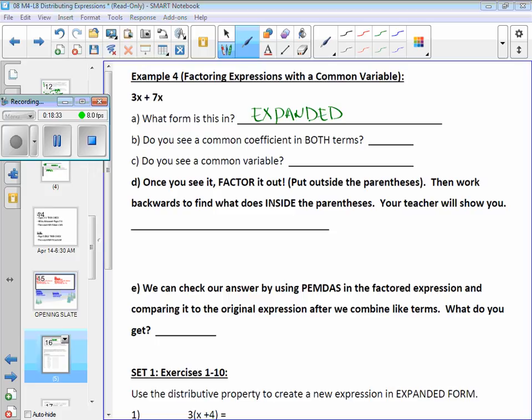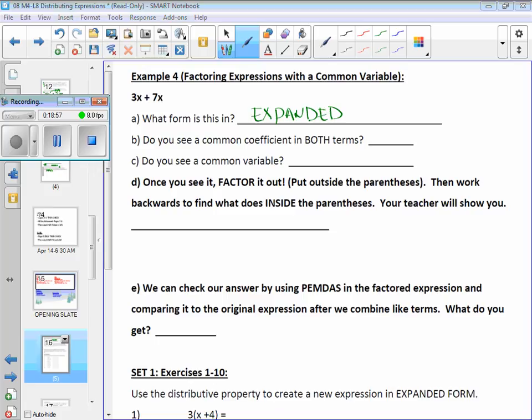Something's got to get factored out. Do you have a number you see in both terms that are the same? No, you don't. But what do you see, Nick? You do see a variable that's common in both, don't you?